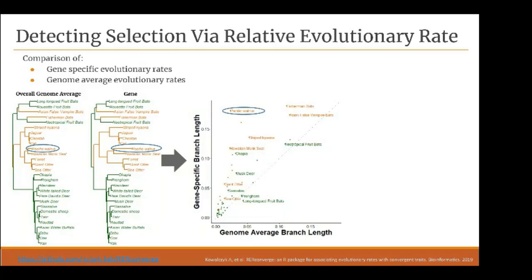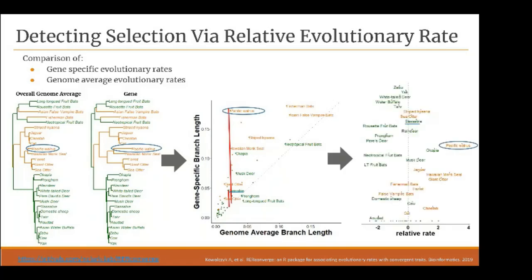What we can then do is measure the difference of the gene in each species between its value and the line, and that gives us the difference in relative evolutionary rate. We can then directly plot that relative evolutionary rate as you see here.